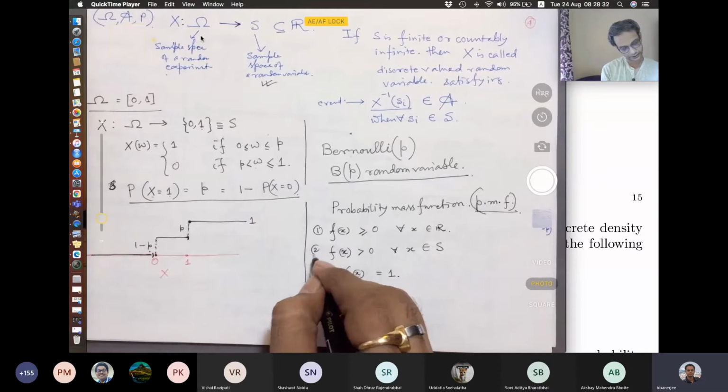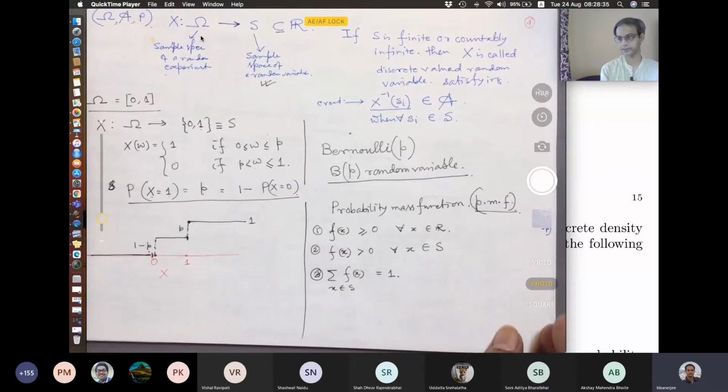So these three properties must be satisfied by the probability mass function.